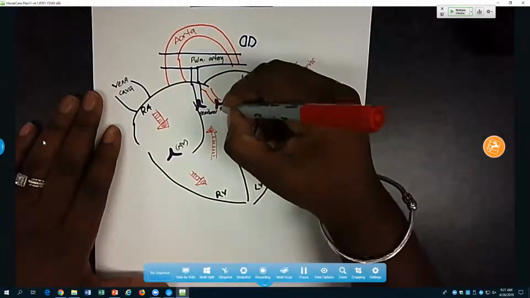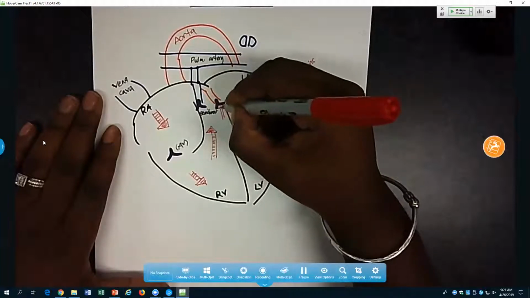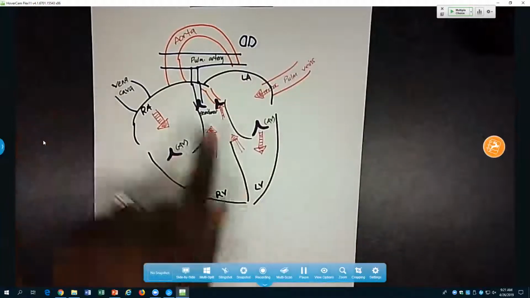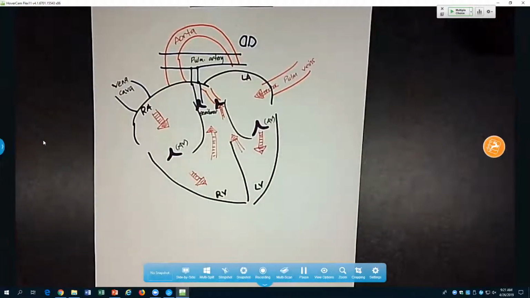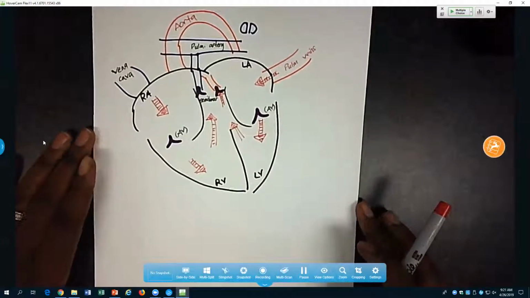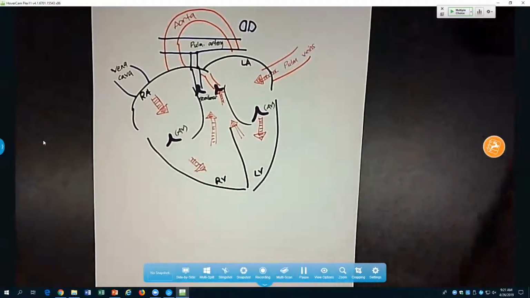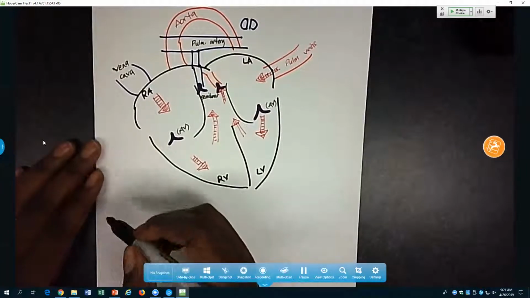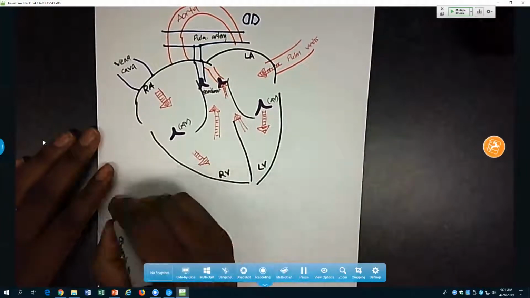So this may get a little confusing here, but all right, so it's going to go out into the aorta. So blood is leaving the left ventricle and going out to the systemic circulation of the body. Now, what we want to understand is that each time this happens, so this is called the cardiac cycle, there are two main phases, so two main events of the cardiac cycle.